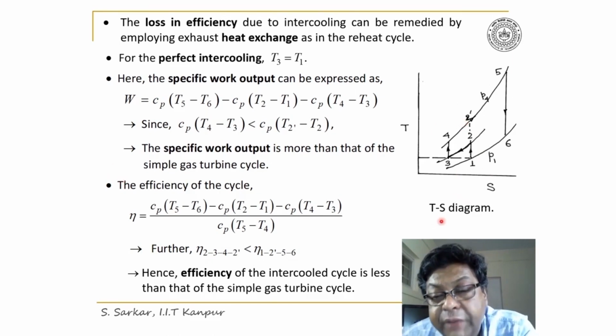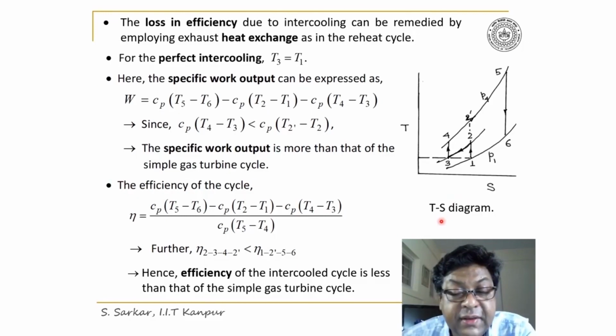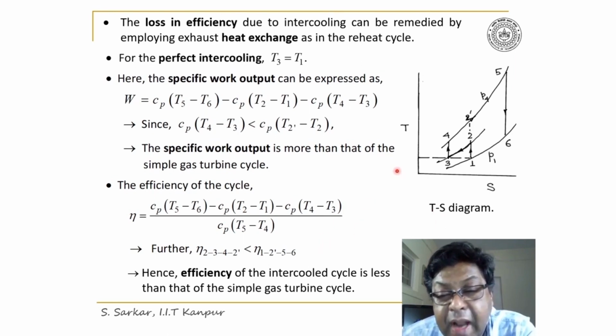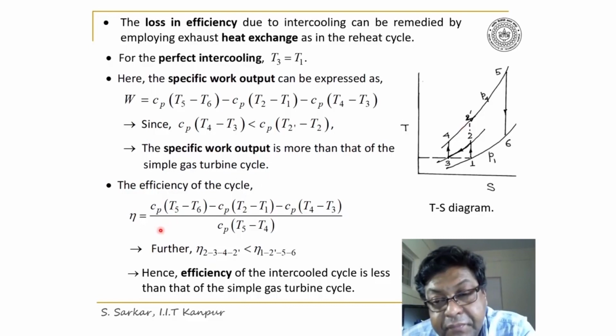If from 1 you would have continued the isentropic compression up to the pressure P4, then we land at the point 2 dash. And we know the constant pressure lines in the TS diagram are diverging.